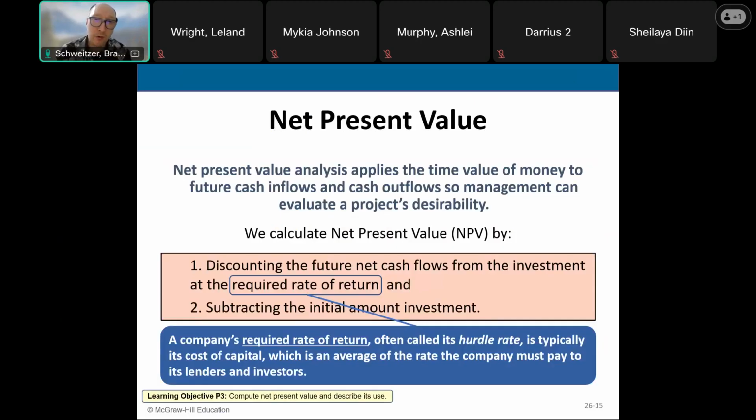Okay, so what we're doing here is we're applying time value of money to future cash inflows and outflows so we can decide if the project is viable, okay, or desirable, viable, whatever.